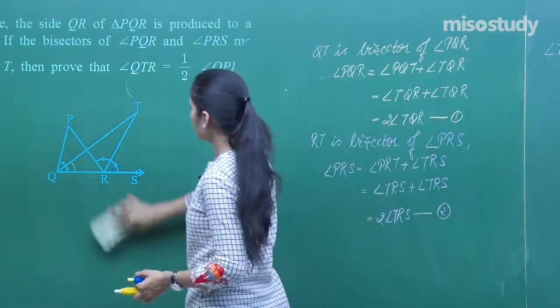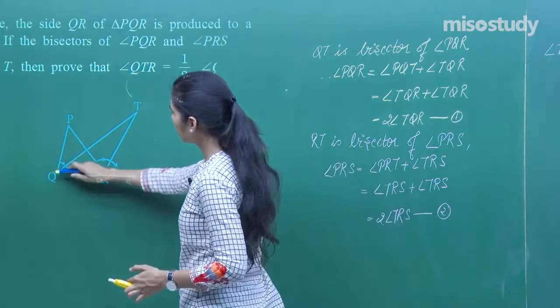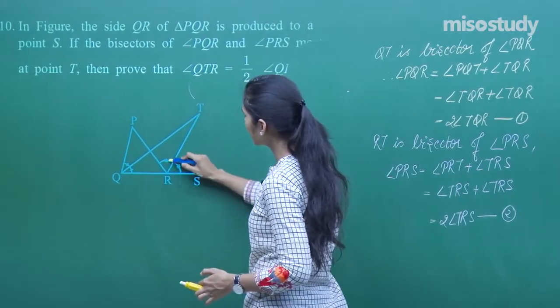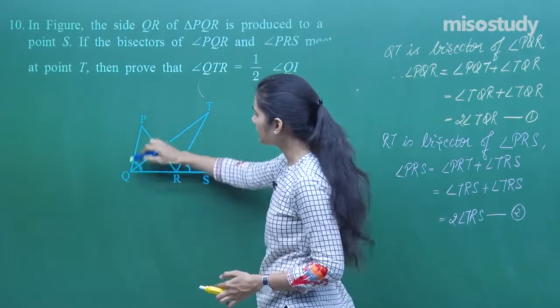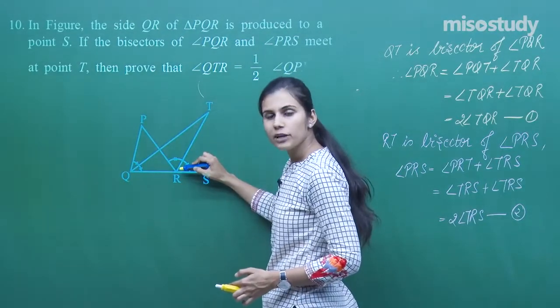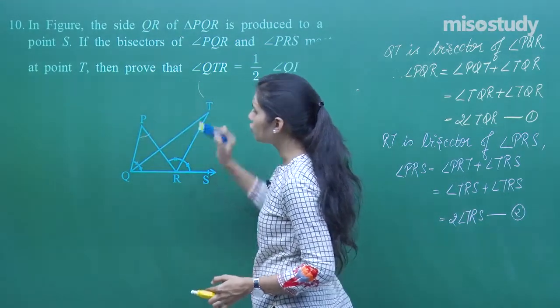Now let's focus upon one more thing. In this triangle PQR, this complete angle that you can see, PRS angle, is an exterior angle of the triangle PQR. So even that will be equal to the sum of opposite interior angles, angle PQR plus angle QPR.